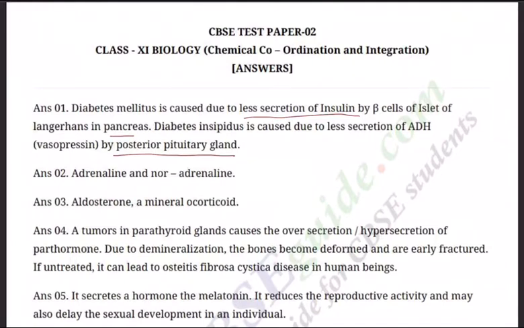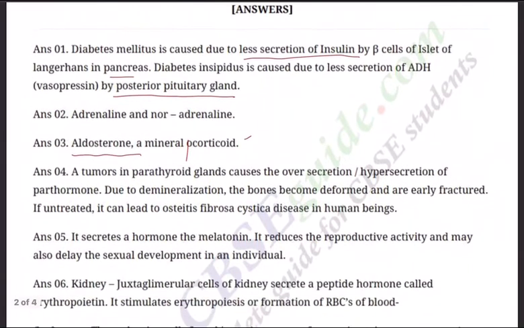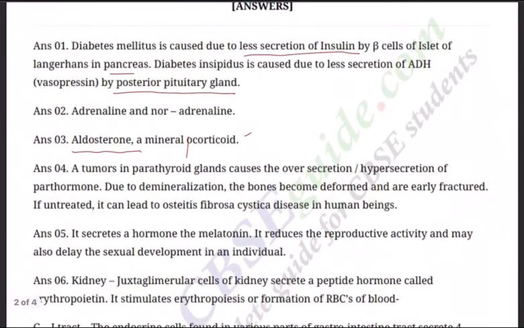As the name suggests, insipidus, very very less. Sometimes it is genetic also. Question 2: Adrenaline and noradrenaline. Answer 3: Aldosterone. It is a mineralocorticoid. Okay. And then question 4.